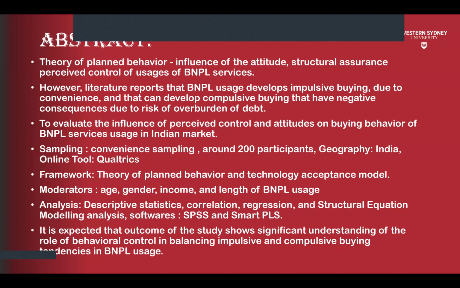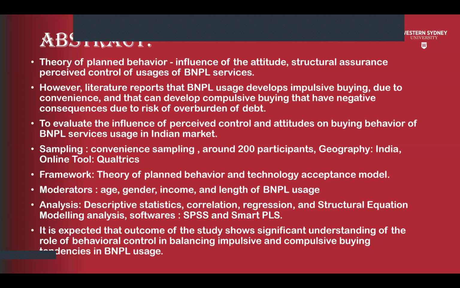So I propose in this study to evaluate the influence of perceived control and attitudes on buying behavior of BNPL services usage in the Indian market. To study this, the study will employ convenience sampling by recruiting around 200 respondents from India with the help of connections on LinkedIn and connections who can help in gathering data from different regions.